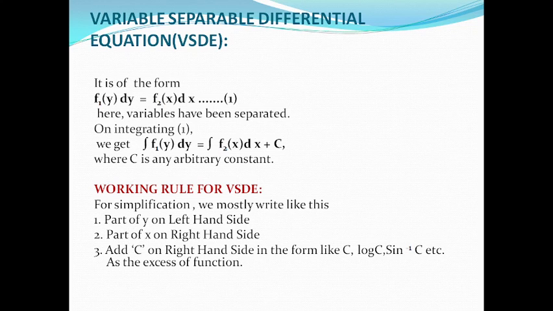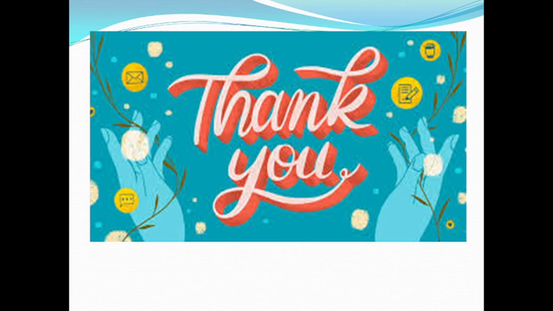And the constant of integration should be in a form like only c, or if the logarithmic functions are in x's, then we can add the constant of integration in log form. In the same way, if an inverse function is in x's, we add the constant of integration in sine inverse c type. So one example based on variable separable is this.